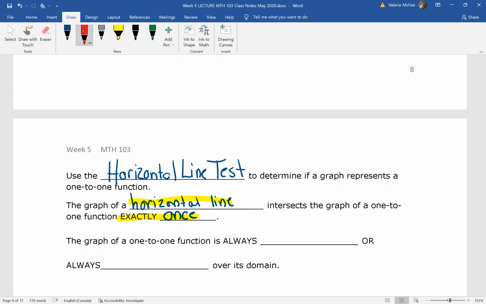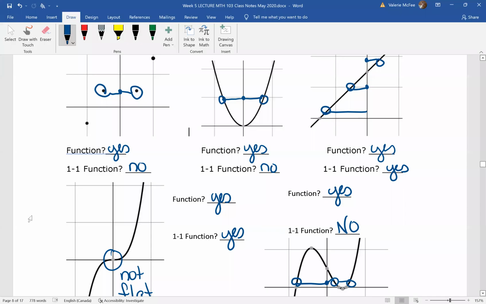So one other property that's important about a one-to-one function is that the graph of a one-to-one function is always increasing or always decreasing. That means it doesn't change direction. If you look at the graphs of the two one-to-one functions here, I see that this one is always increasing. It doesn't change direction. This one is always increasing.